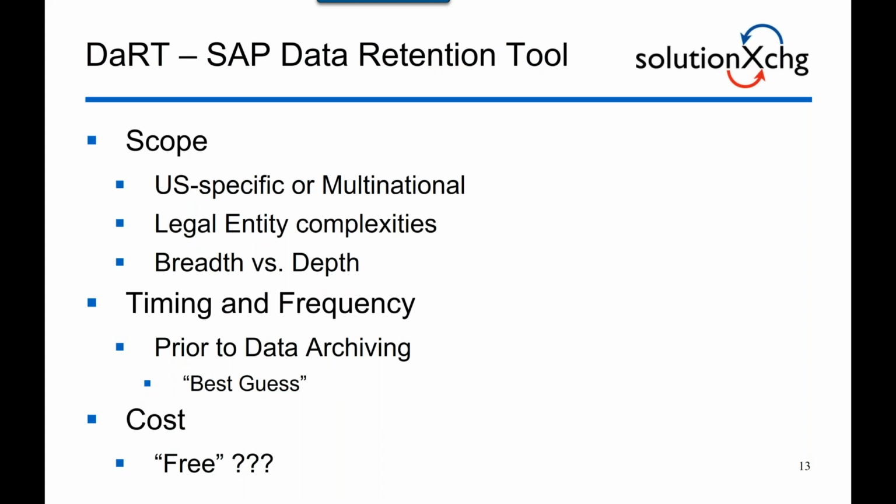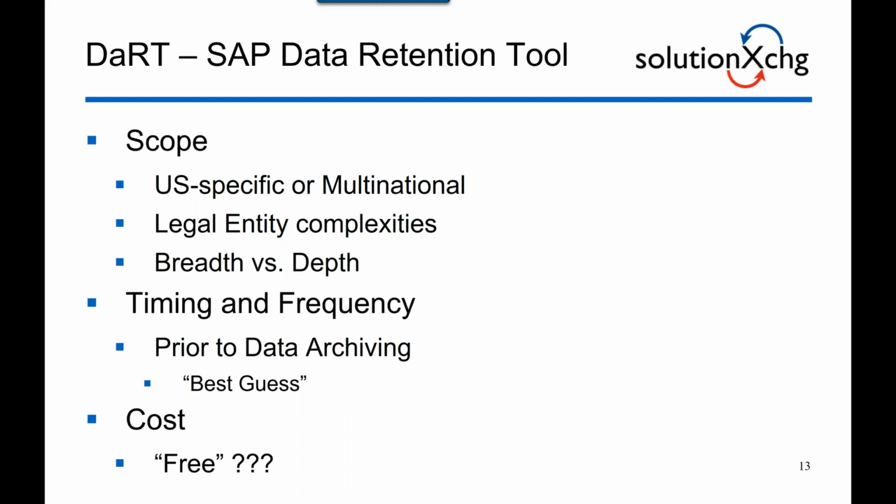The most common solution that's looked at is the data retention tool, which is in standard in ECC 5 and above, and has been available for many, many years at this point. But the 3 considerations that are still valid from the general sense are valid here, and will determine whether DART is the best fit or not, which have to do with the scope.